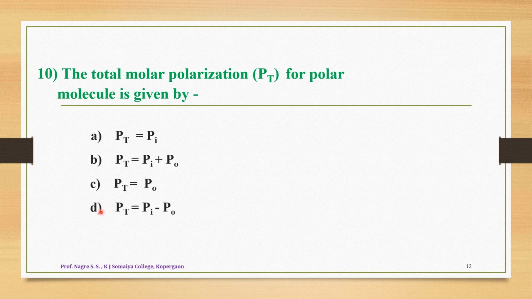And the fourth option D is total polarization is equal to induced polarization minus orientation polarization. The correct option among these 4 is option number B, that is the total polarization is equal to the summation of induced polarization plus orientation polarization. This is the correct option for this question number 10.